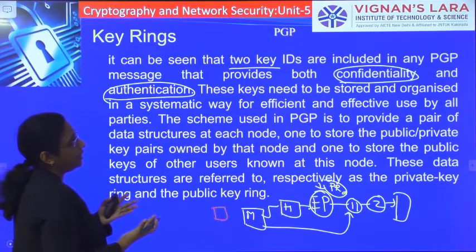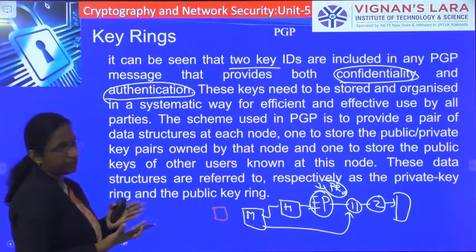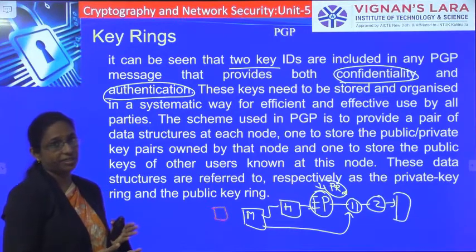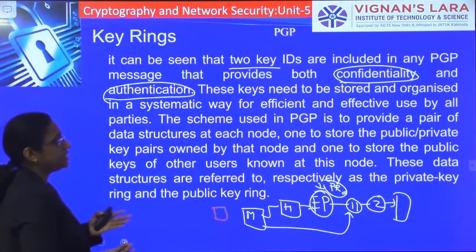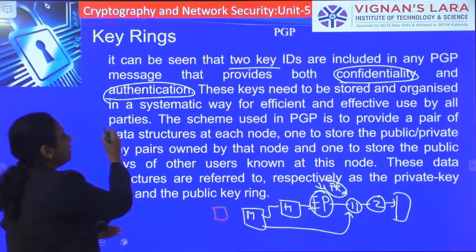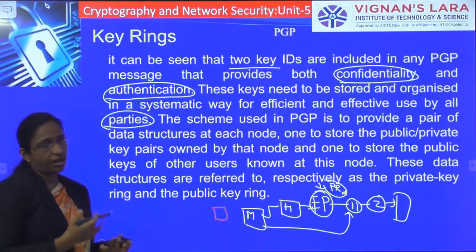So whatever messages are sent and received require two keys, public and private, and these keys need to be stored and organized in a systematic way for efficient and effective use by all parties.